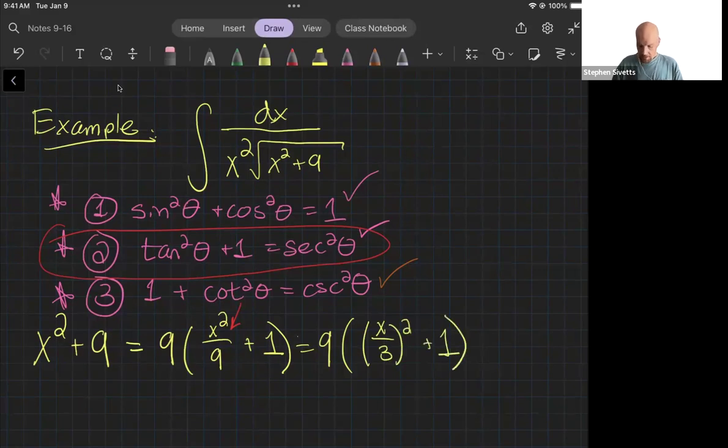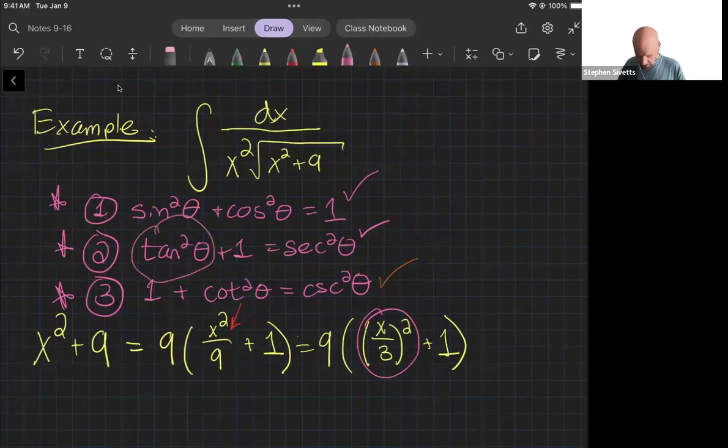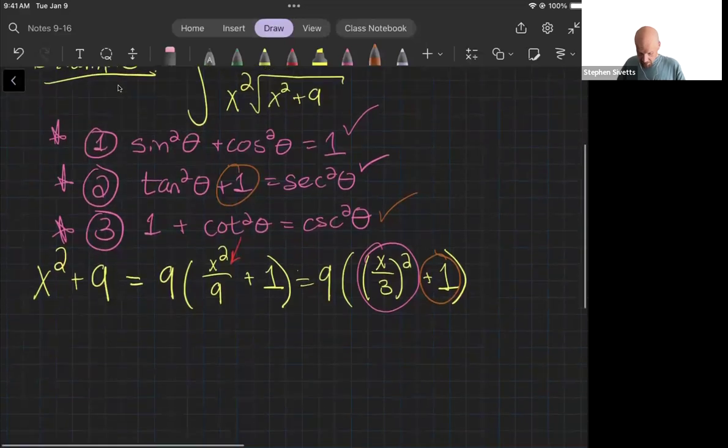So here we have an x over 3 squared, which is similar to the tangent squared theta, and there's also a plus 1 here, and a plus 1 there as well.